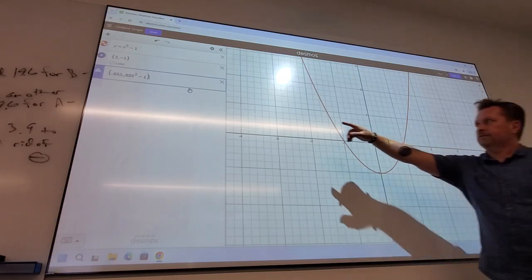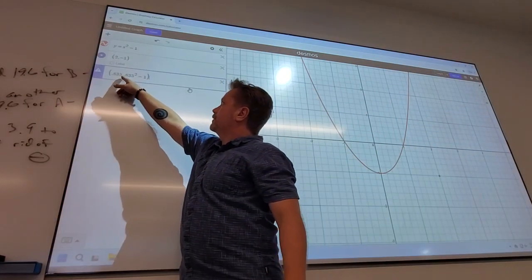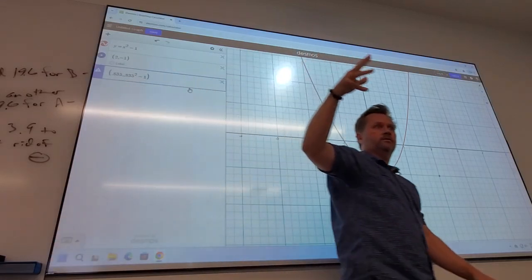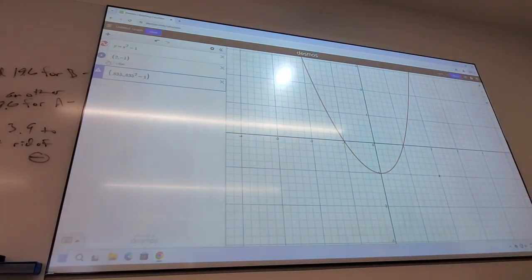If I have an input, I can put it into the function and get the output. So that's going to be a point on the parabola. Let me put a point there. There we go, see right there? So this distance, and just visually it kind of makes sense, this is the closest I could be to that point.